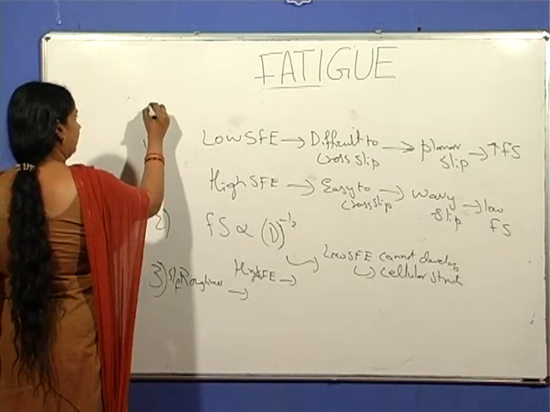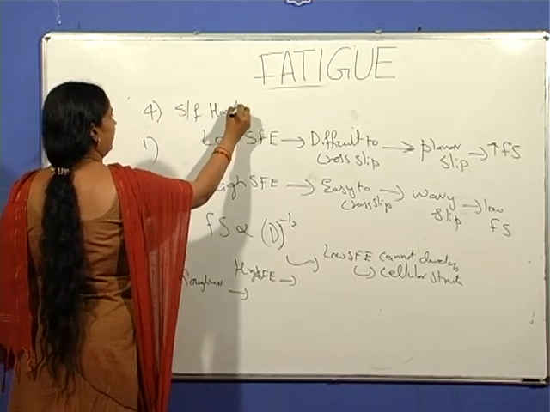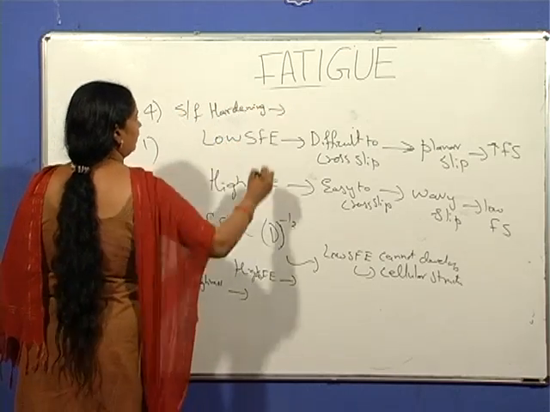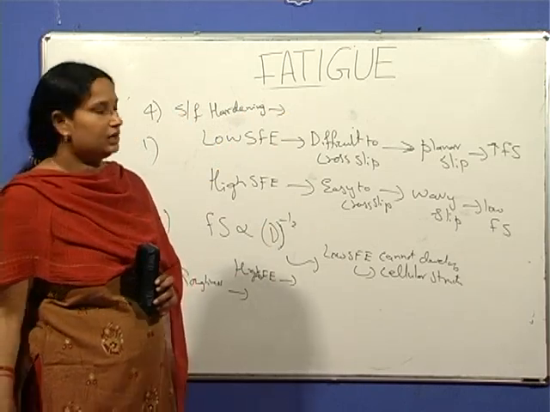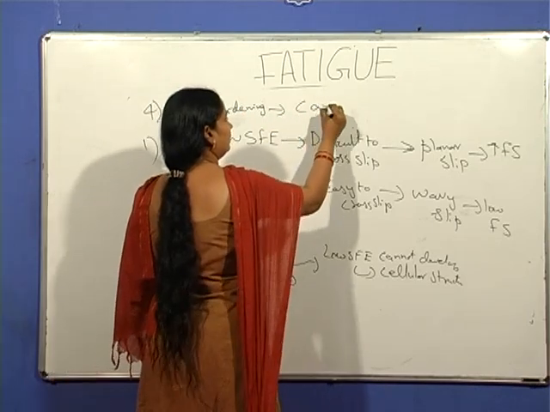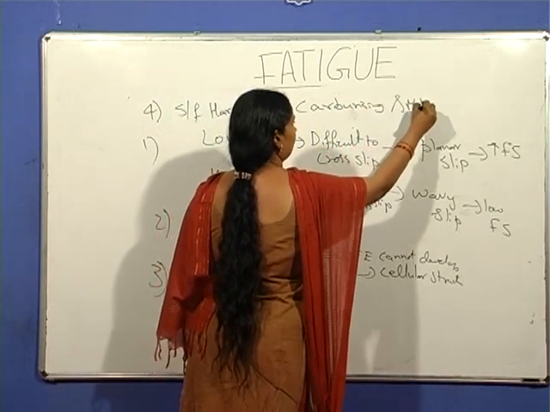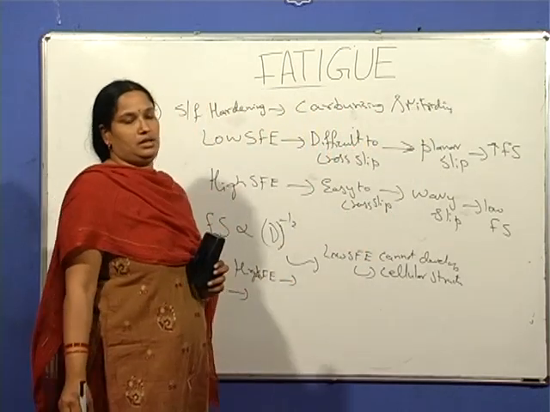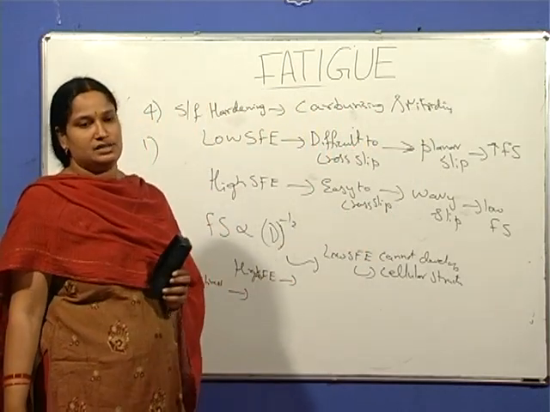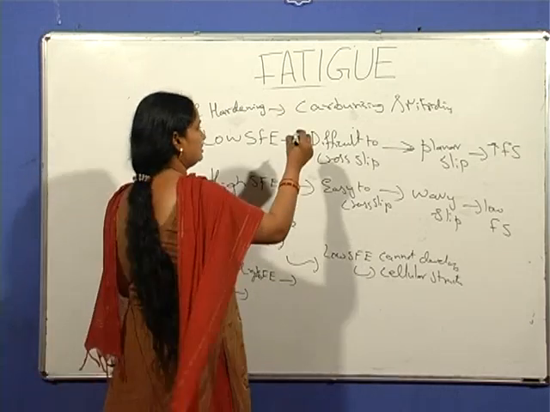Next is surface hardening methods. Some of the surface hardening methods, like carburizing and nitriding, harden the surface, and apart from hardening the surface, they also induce residual compressive stresses.